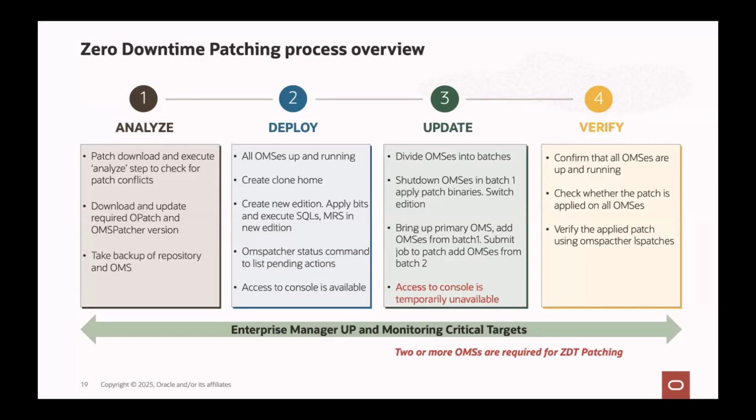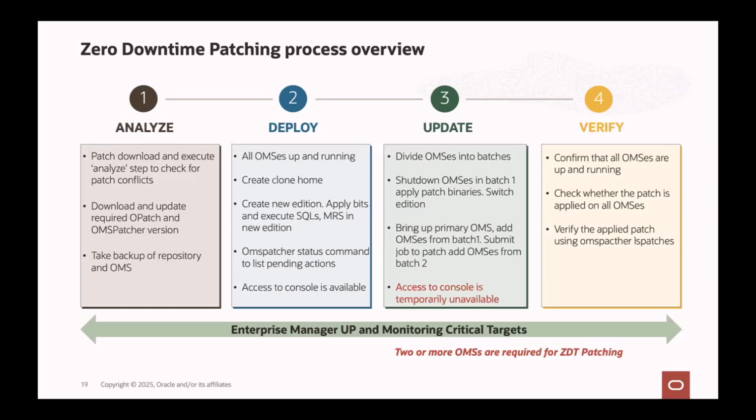But for the end customer or the EM administrator who is executing the patch, it will be just a patch execution where we run a lot of steps and internally stop the OMS, and we make sure we keep one of the monitoring service or one of the OMS instances always up and running so that it can serve the notifications and alerts during the maintenance window.